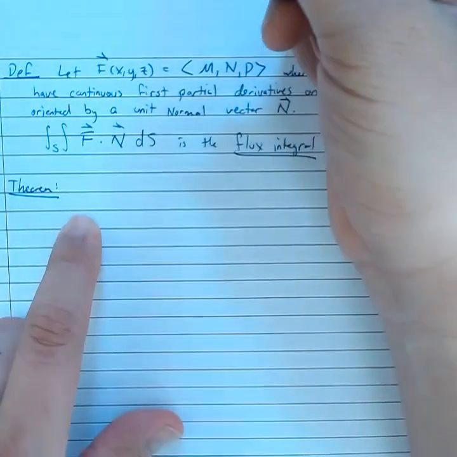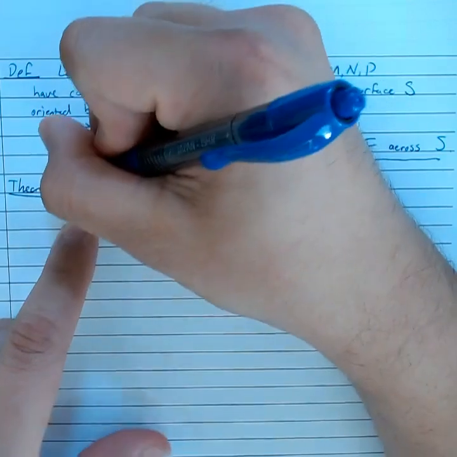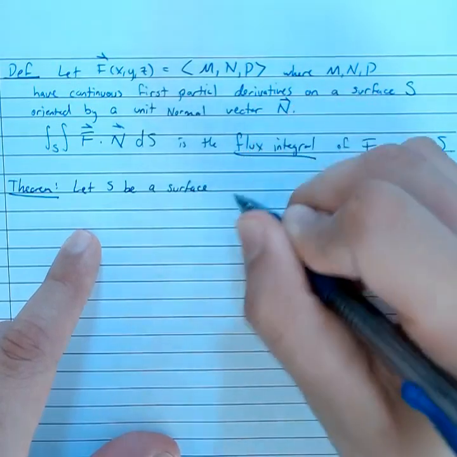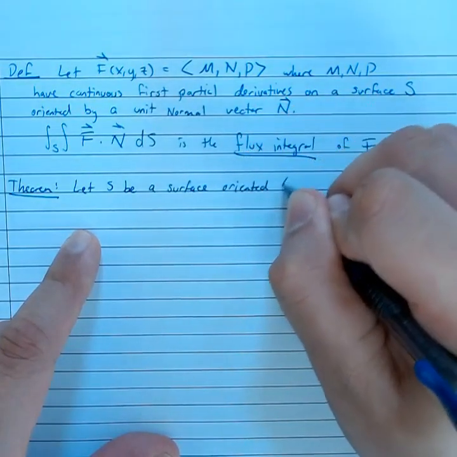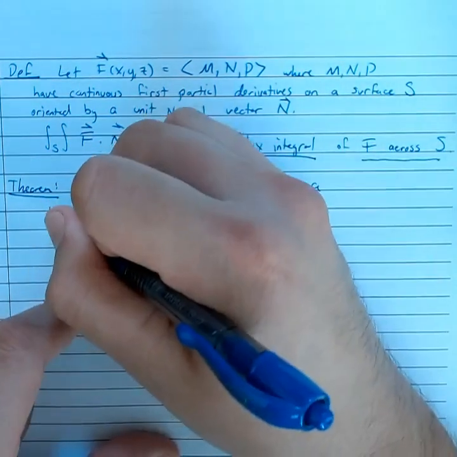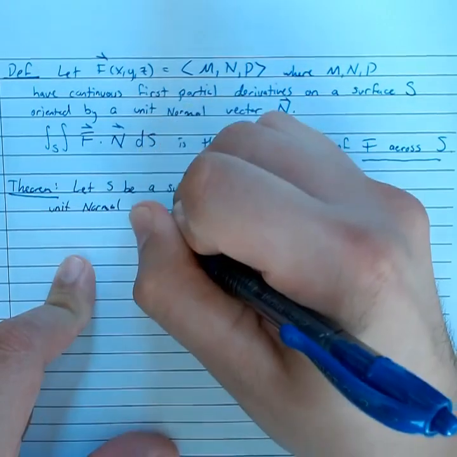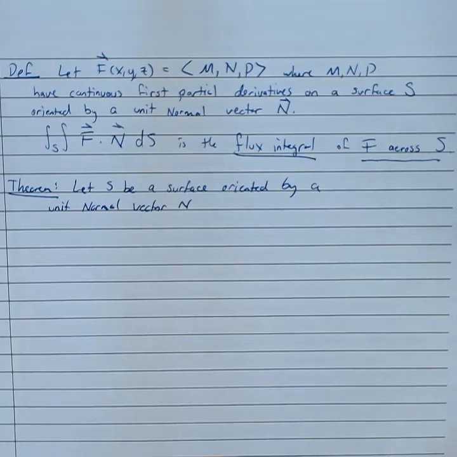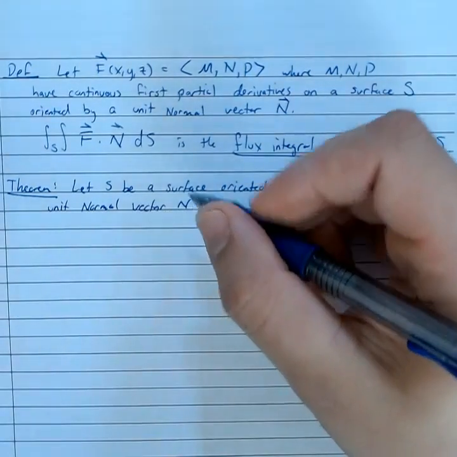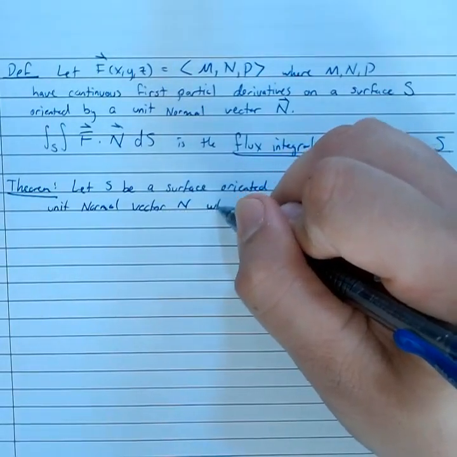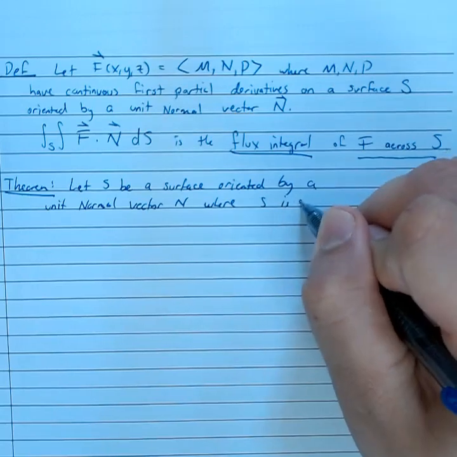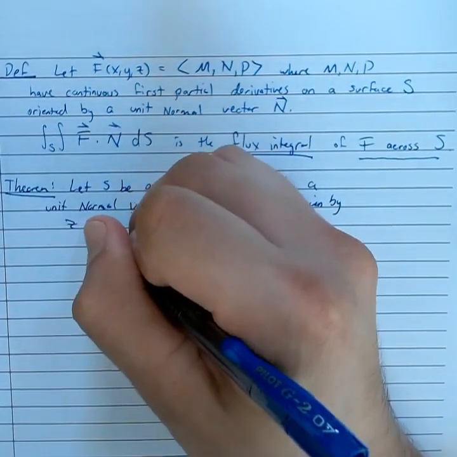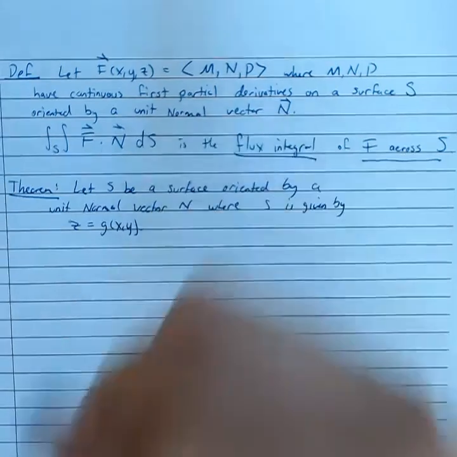We're going to begin with a surface that's oriented. Let S be a surface oriented by a unit normal vector n, where S is given by z equals g of x, y, like that.